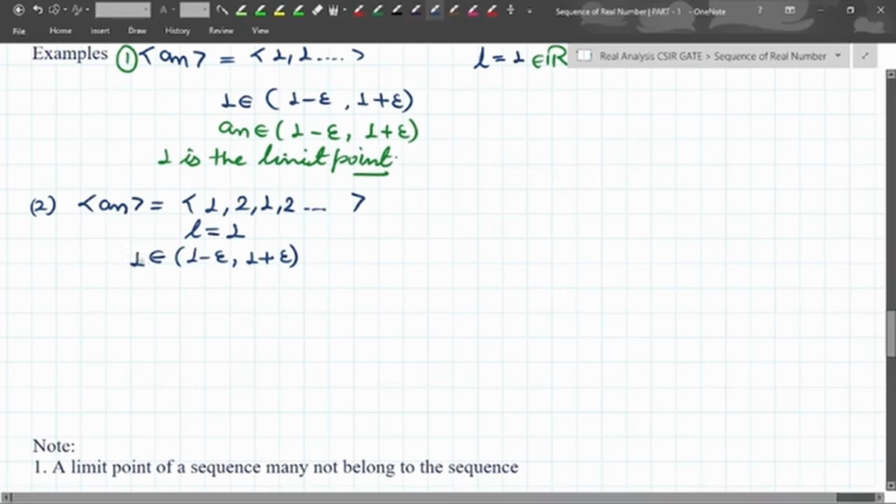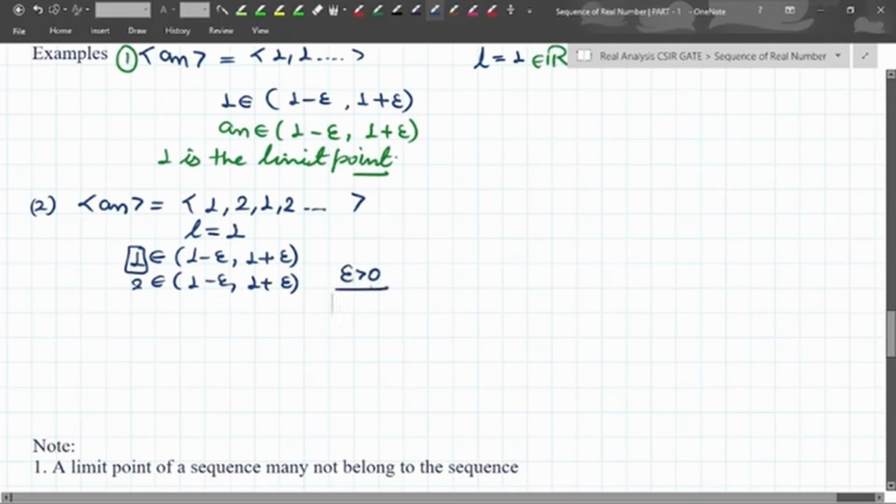So how many times will this 1 repeat in this sequence? It will repeat infinite times. I can say that in this case also 2 will belong to this if my epsilon is, let's say, 3.